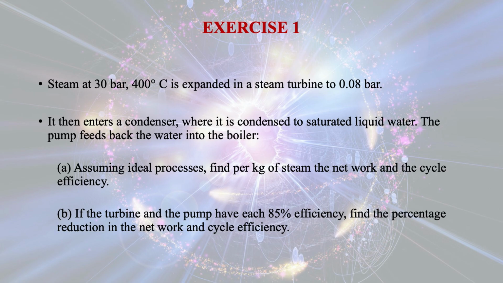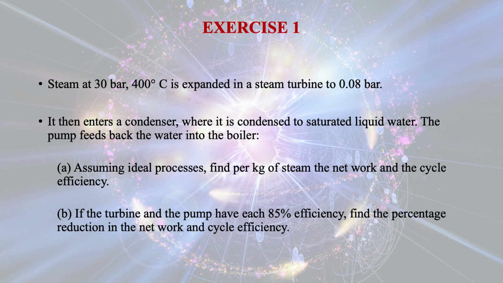Steam at 30 bar, 400 degrees centigrade is expanded in a steam turbine to 0.08 bar. It then enters a condenser where it is condensed to saturated liquid water. The pump feeds back the water into the boiler.